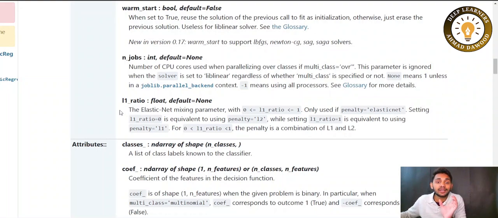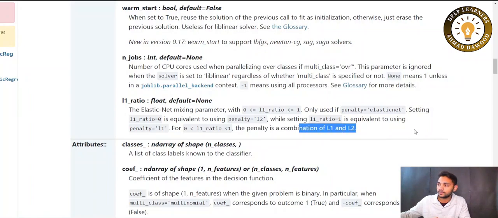If we want a combination of penalty 1 and penalty 2, then we can pass any value here and it will give you a ratio: how much percentage of L1 penalty you want to use and how much percentage of L2 penalty. For values between 0 and 1, the penalty is a combination of L1 and L2.